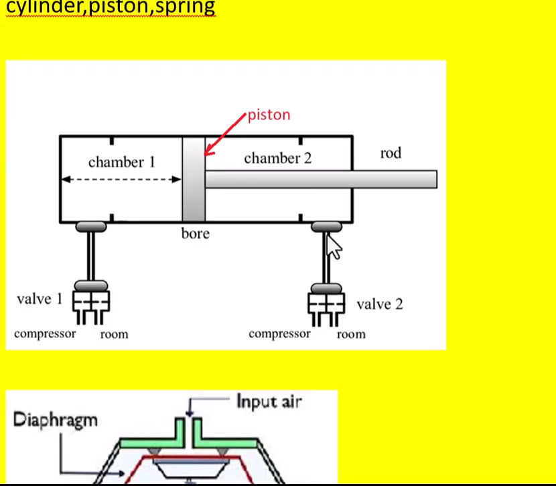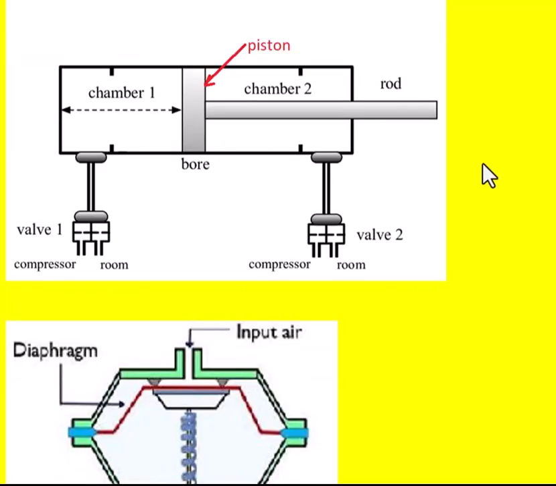So high pressure air is passed through this chamber 2, so that this piston will move from right to left. And in addition to this, the spring also will help to bring this piston back to the original position. This process continues as long as required.